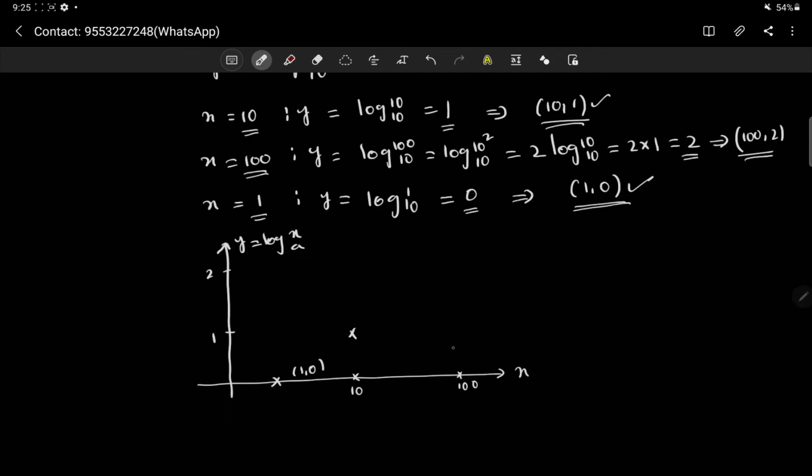Next 100 comma 2, that point will be here, right? So now on joining all those points you may have a graph like this. Now you see here, this is an increasing function.